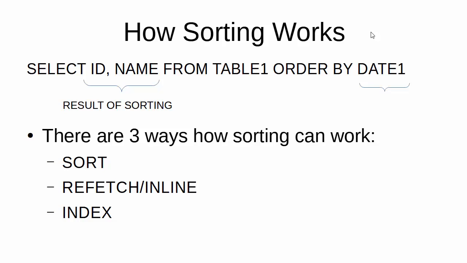In order to see how Firebird actually performs the operation, we need to take a look at the SQL plan. Inside this SQL plan, we will see one of three keywords: sort, refetch, or index, which are the ways Firebird sorts the data.